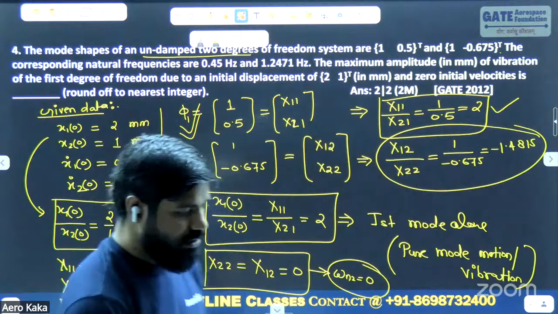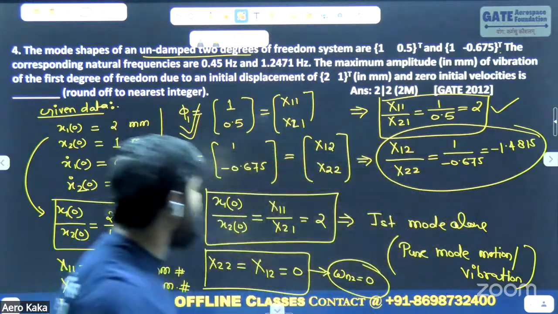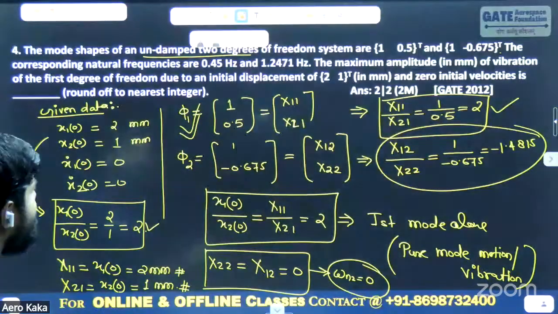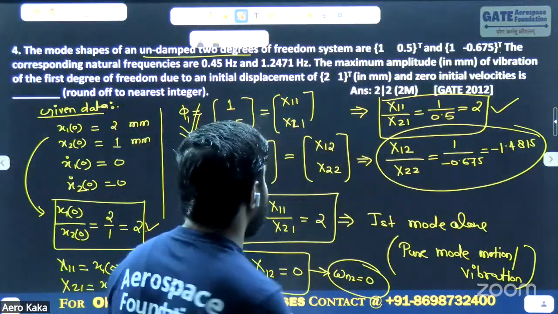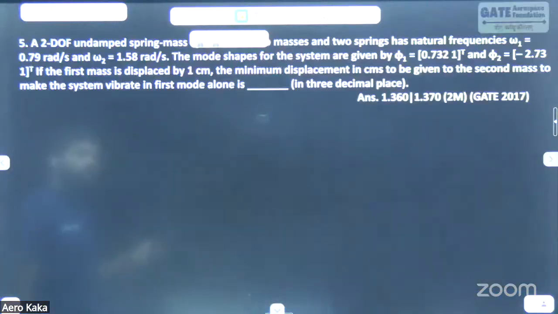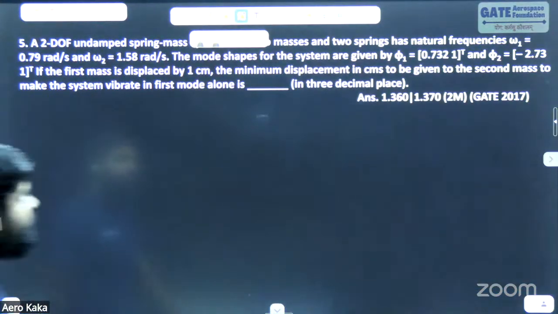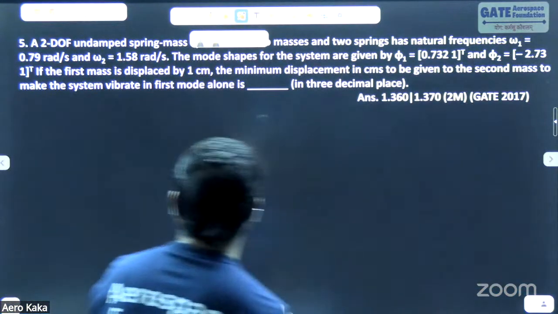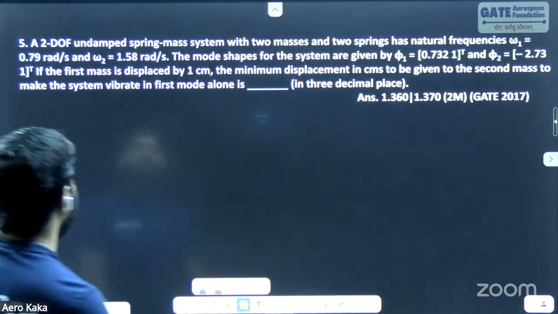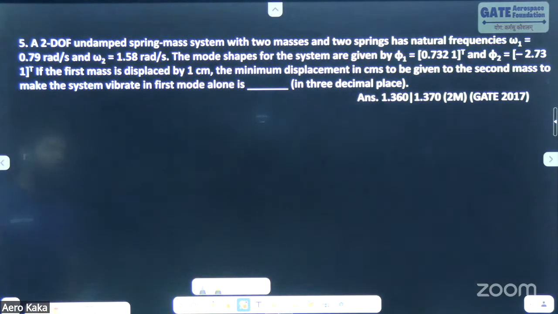Is that clear? Now let's solve another question. Okay, let's check whether we are getting the correct answer or not. Answer is given 2 to 2, right? Again, what they're asking: a 2 degree of freedom spring mass system with 2 masses and 2 springs has natural frequencies.